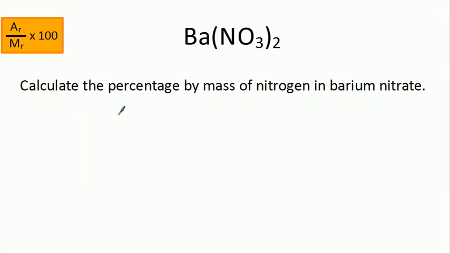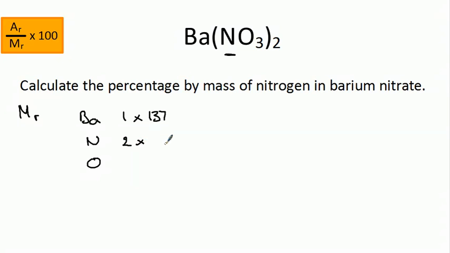Last example then, and we want to work out the percentage by mass of nitrogen in barium nitrate. So we're going to work out our MR. We've got barium, nitrogen, and oxygen. Barium, we've got 1 of them and the atomic mass is 137.